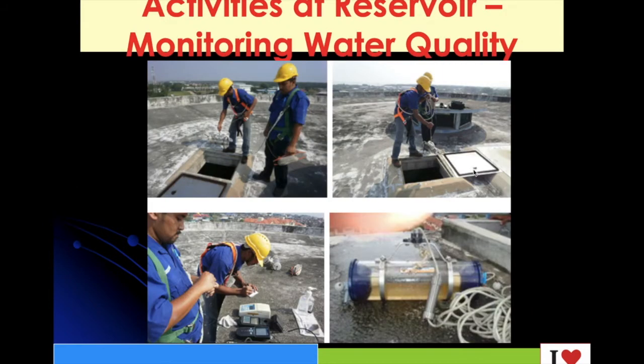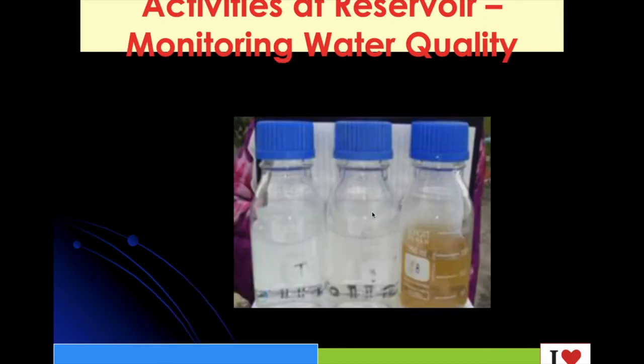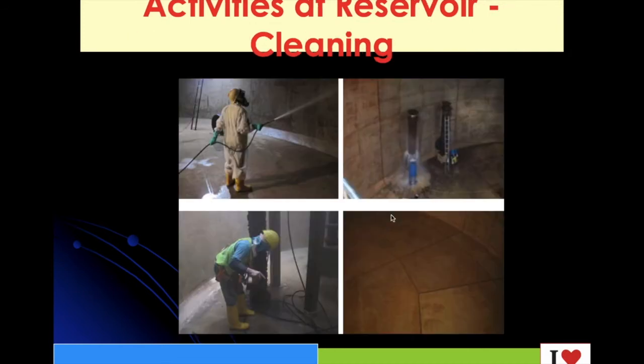These are the activities carried out in the reservoir. The water company will, at certain durations, check the quality of the water inside the reservoir. They will be checking the pH and the turbidity of the water in the service reservoir. And sometimes they also do a cleaning process.